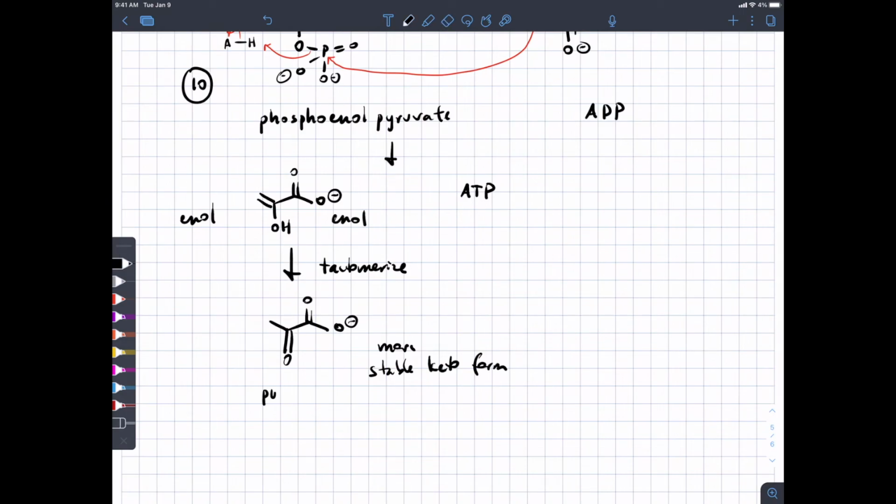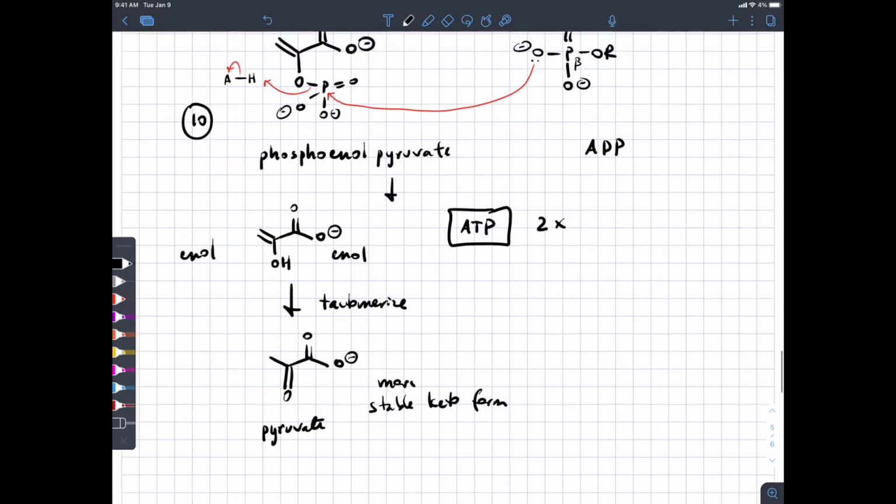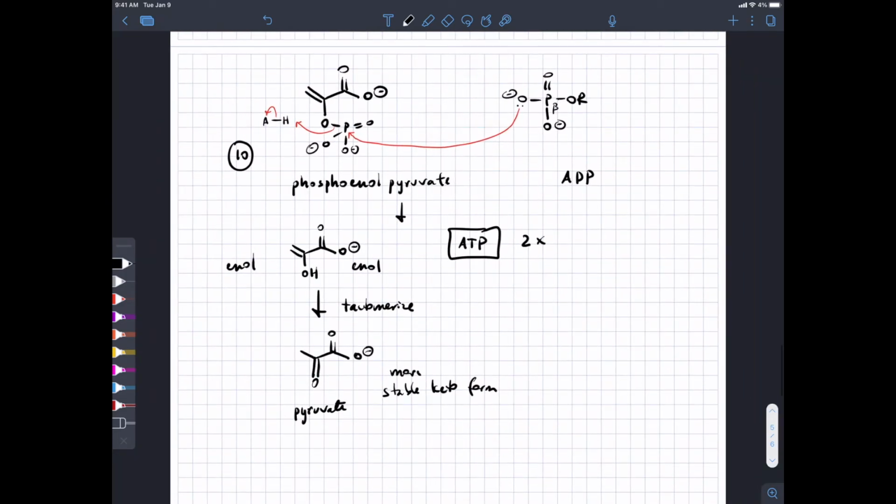And this is pyruvate. So there's our profit of 2 ATP molecules. Overall, this step is catalyzed by the enzyme pyruvate kinase.